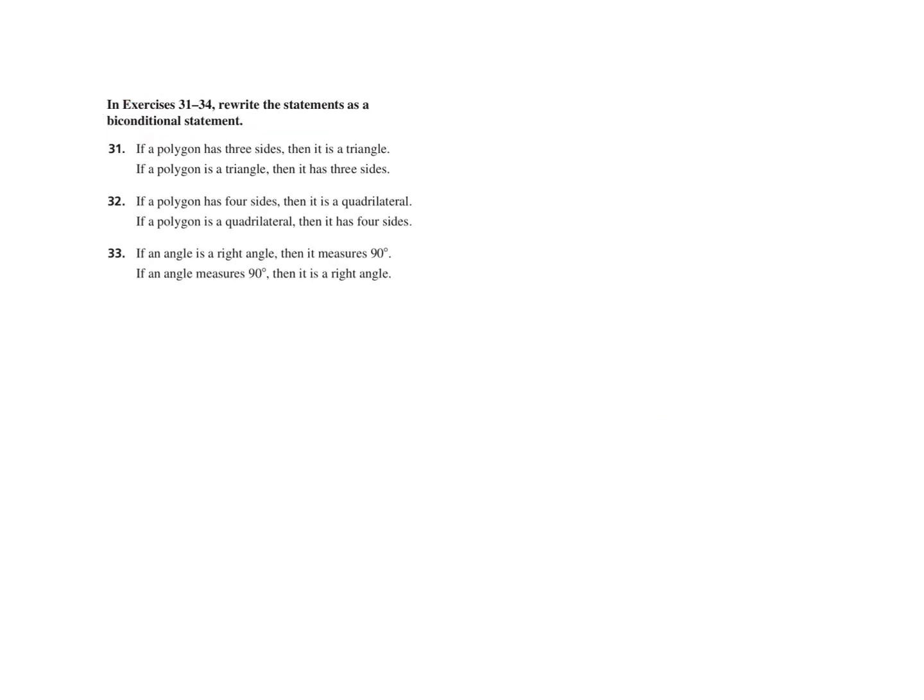Next, 31. If a polygon has three sides, then it is a triangle. If a polygon is a triangle, then it has three sides. All right, so rewrite the statements as a biconditional statement.